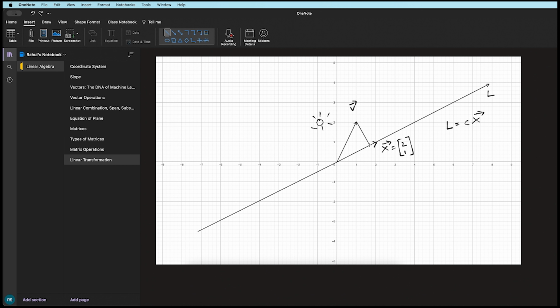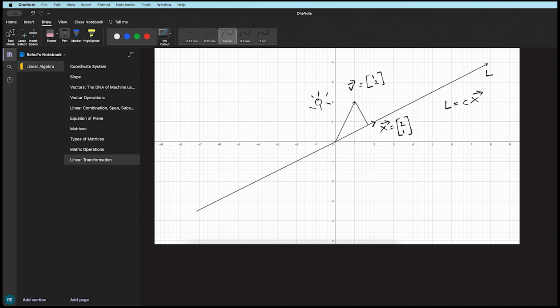This straight line will be perpendicular to this line L or vector x, and this vector v has the components 1, 2.